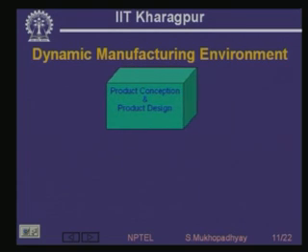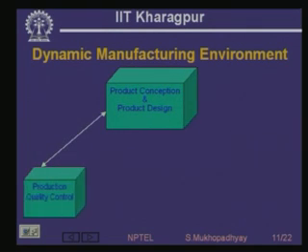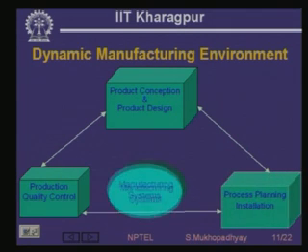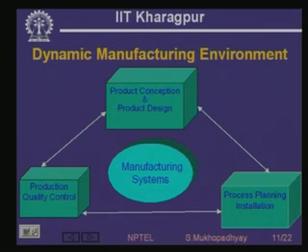So, the first phase is product conception and product design, right. At this stage you have conceived a product that you want to make, and you have also designed it.